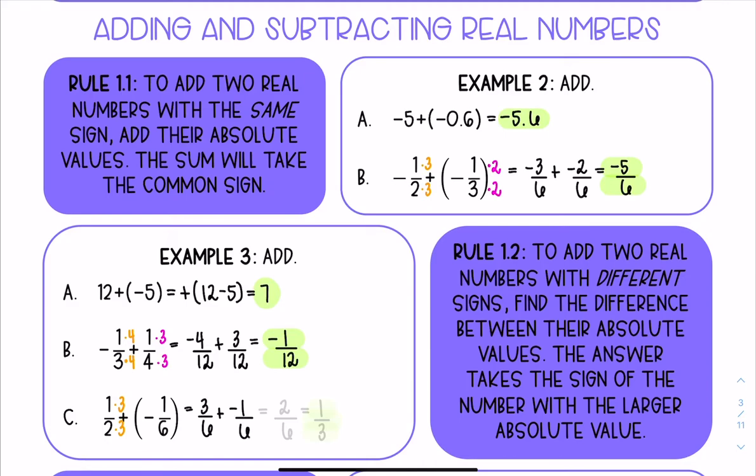And since 3 is the bigger number and it's positive, my answer will be positive. And 3 minus 1 is 2 over 6. But we can simplify this because we can divide out a 2. We end up getting 1/3.